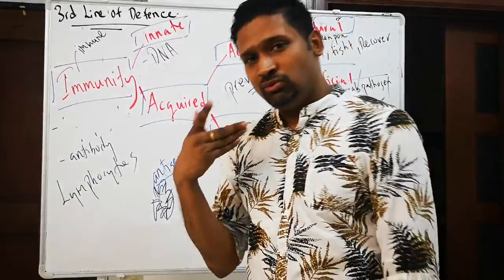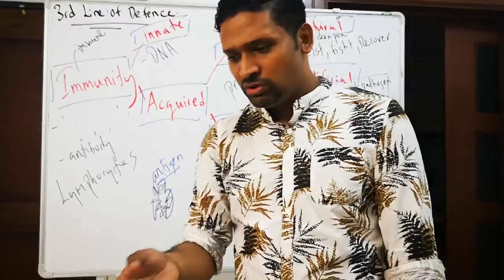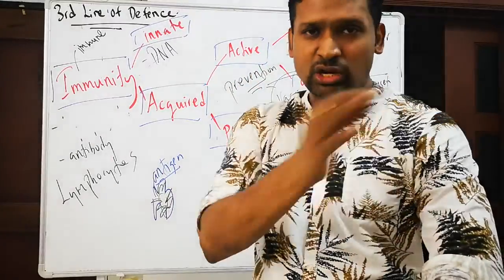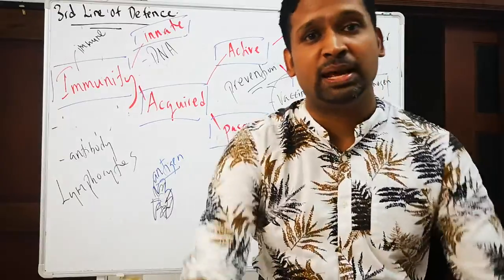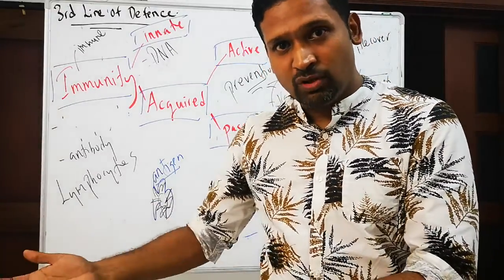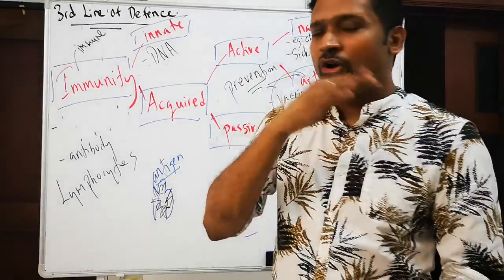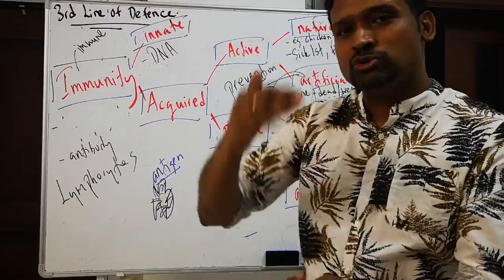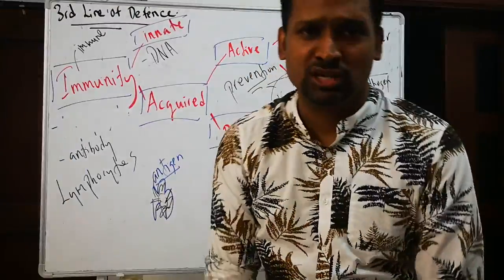But the danger of doing this is you must do a lot of testing because you don't want to introduce a dead or weak pathogen into the body, but when you introduce it to the host, then it becomes alive. That means the person was okay, but you introduced a dead or weak pathogen, but it became alive inside of the host. That's one problem. Then, not always the antibodies will be produced to a level where got memory cell, where it can actually prevent a future infection.